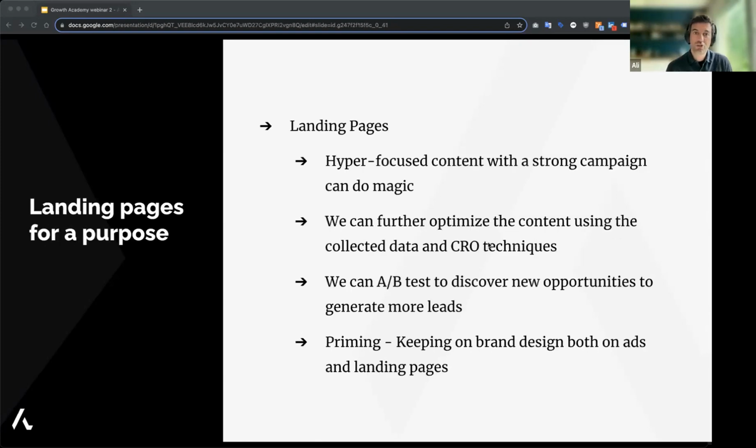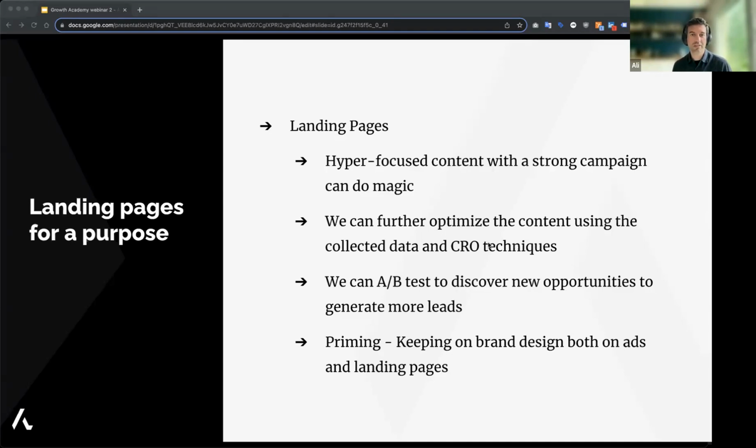And how we do it is, as I said, we can drive traffic to specific pages, and we call them landing pages. So let's start making these pages hyper-focused and support them with a strong campaign. And then once we get enough data, we can use certain CRO techniques to optimize them further and increase our lead generation.